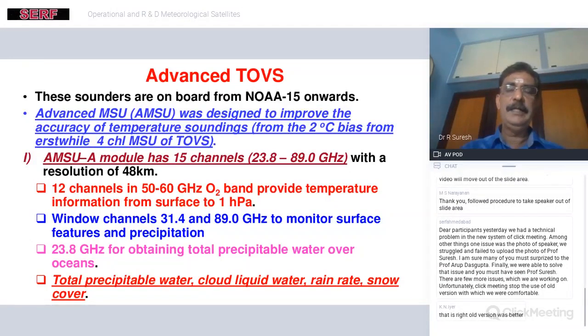It has two branches, AMSU-A and AMSU-B. One has 15 channels, another has 5 channels, a total of 20 channels, in comparison to TOVS, which had hardly 4 channels.